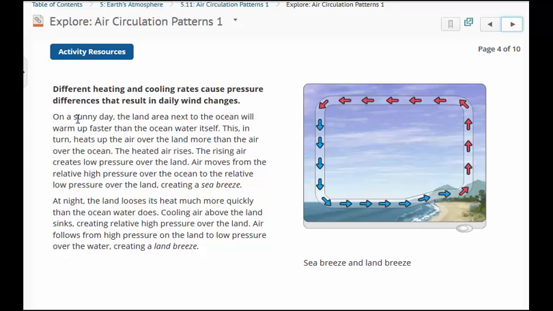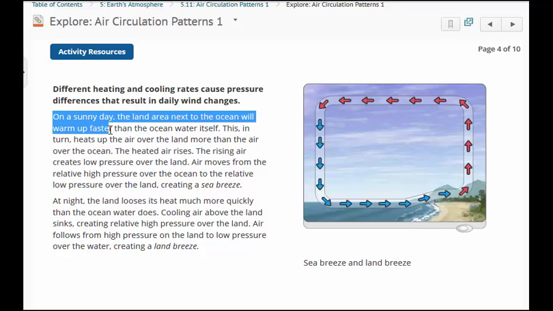For example, we can look at this picture where we have the breeze coming from the sea. We call that sea breeze. So let's go through this example. On a sunny day, the land next to the ocean warms up faster than the ocean itself. The land gets hotter than the ocean. You know that because when you walk on the sand, it burns your feet.